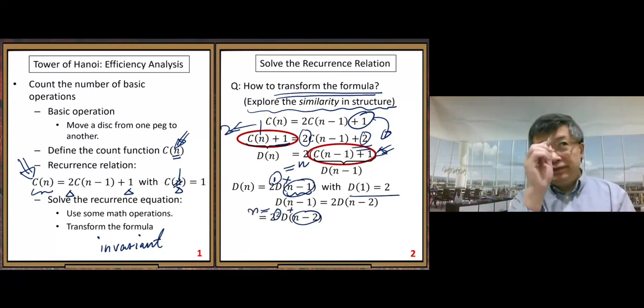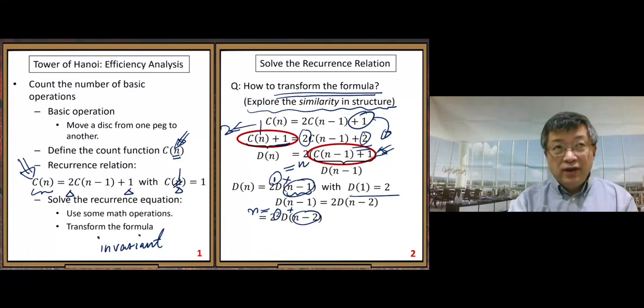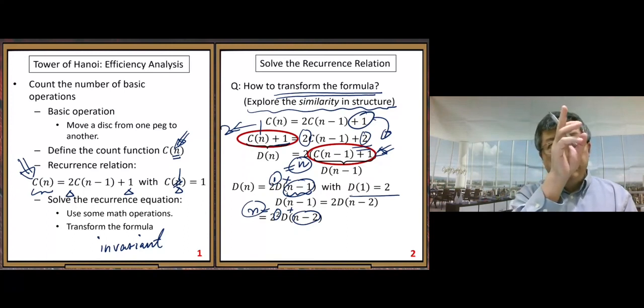We get this invariant: the sum of the exponent number and the problem size is the fixed number n. Always like that.